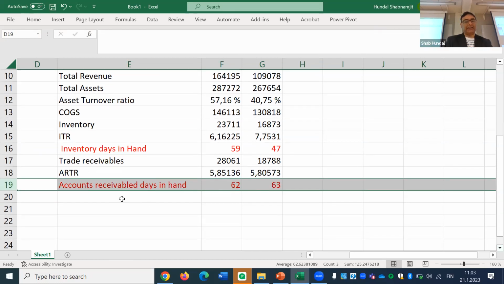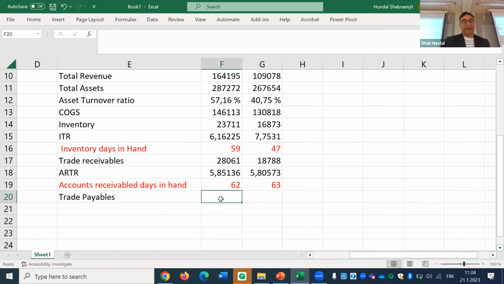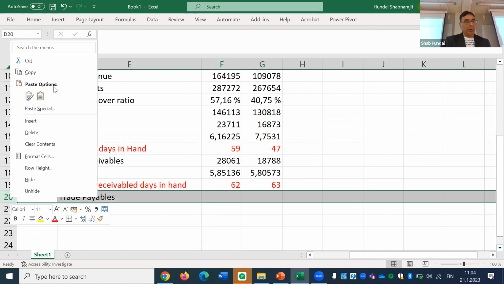And by the same rationale, I think I explained already to you, the opposite of trade receivable is trade payables. This is the money which you owe to your supplier. And the question is how many times in a year you pay them. But to get this information, you need something more.